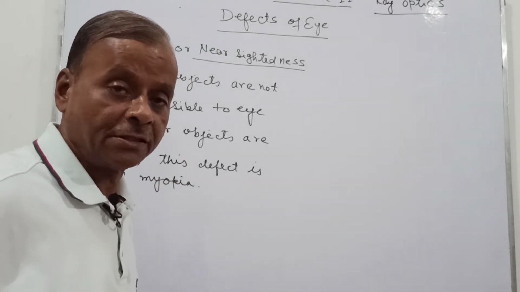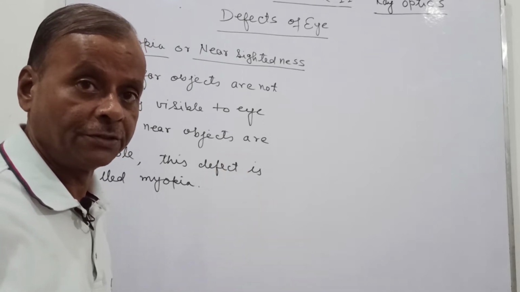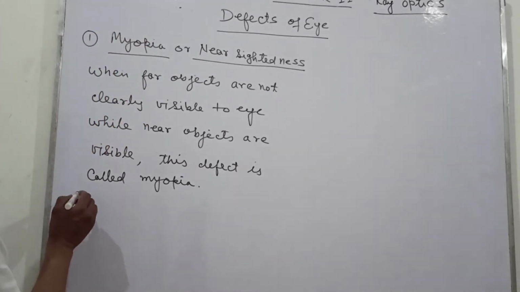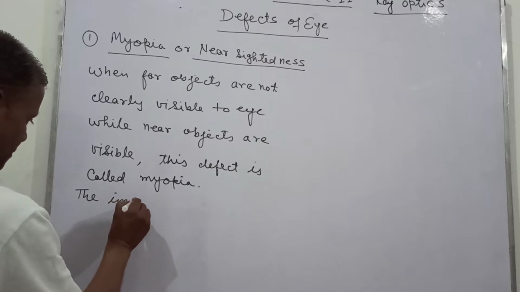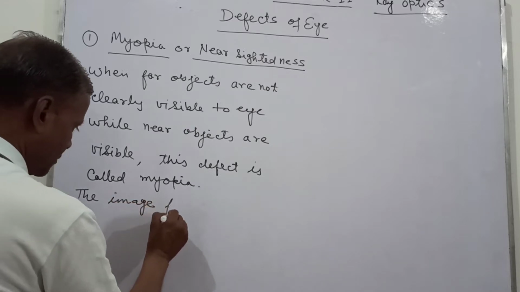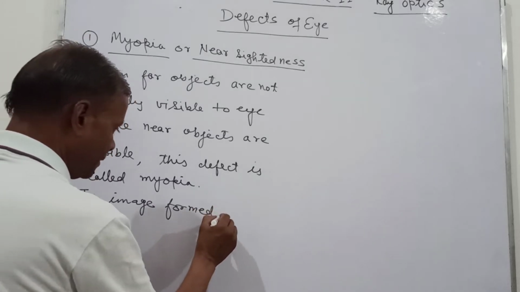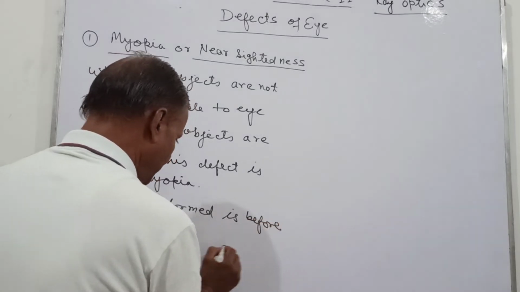Actually, in this case, the image is formed before the retina. It is not on the retina. The image formed is before the retina.